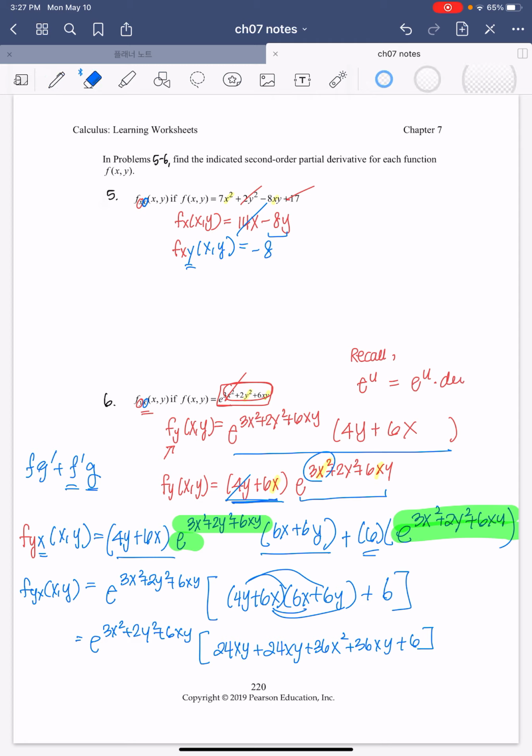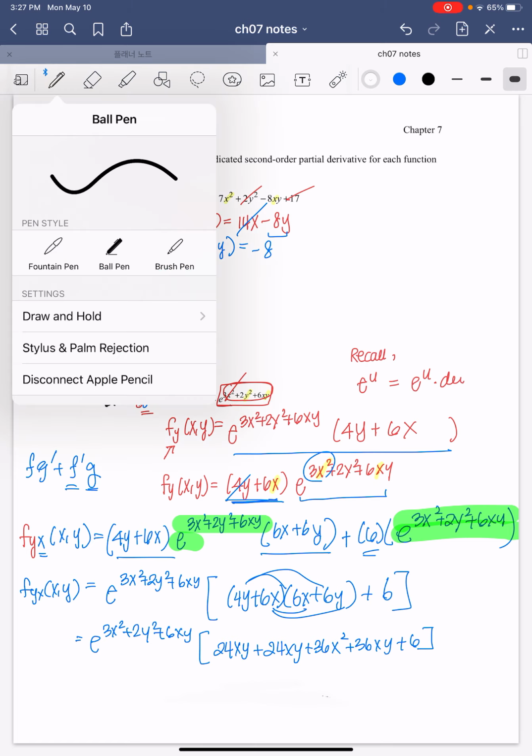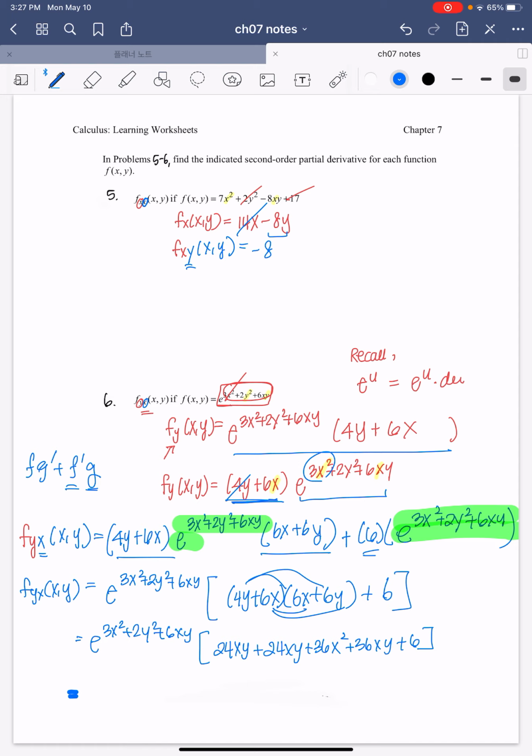So finally, doing the rearrangement: 36x squared plus we have 24xy plus 24xy plus 36xy.